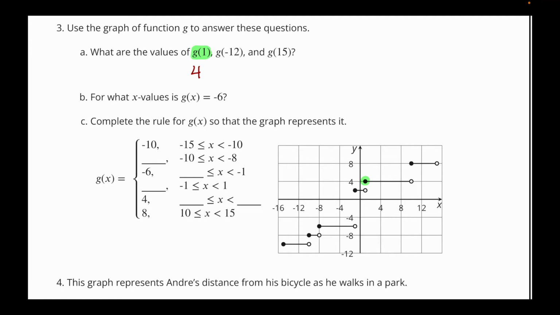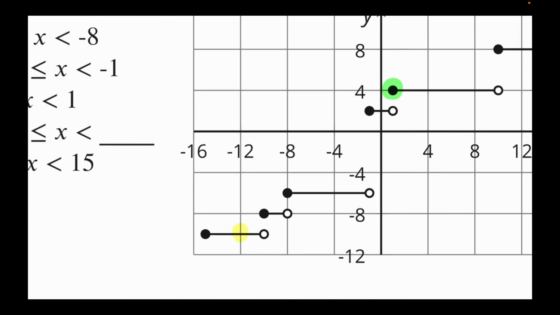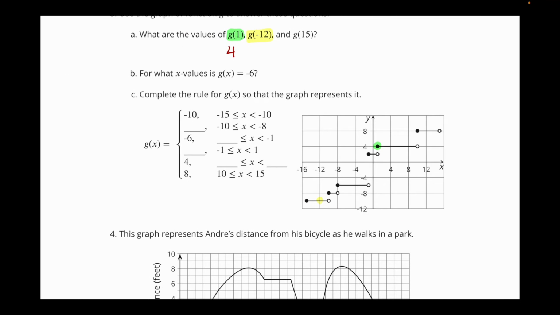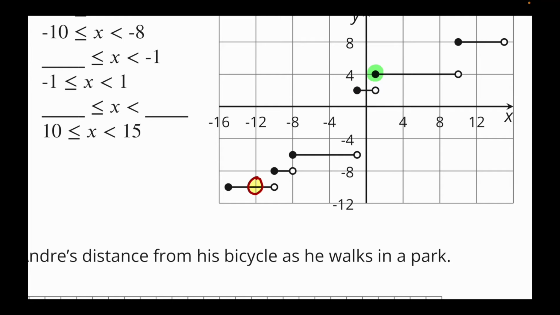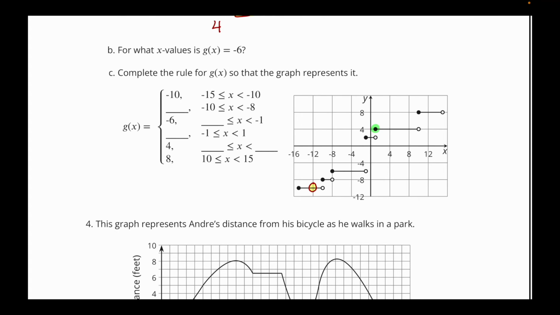Then if we have g of negative 12, I'm going to highlight that yellow. Negative 12 is right here, so hard to see. Maybe I'll circle it as well. Right there. Put a little red box around this. So since this goes by 4s, this looks like maybe negative 10 in between here.